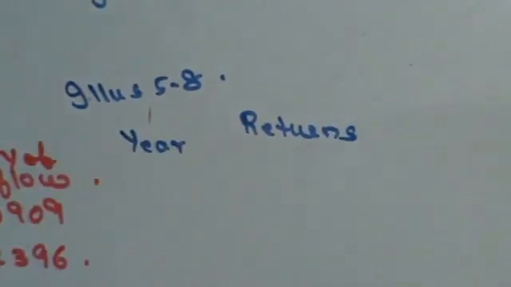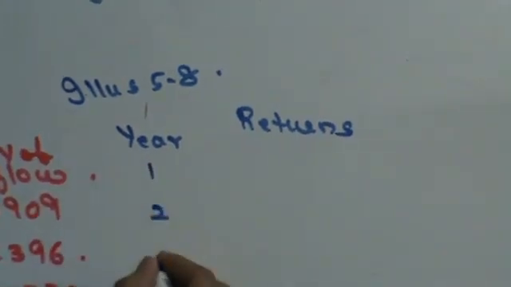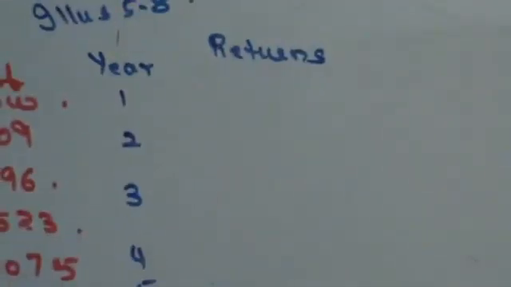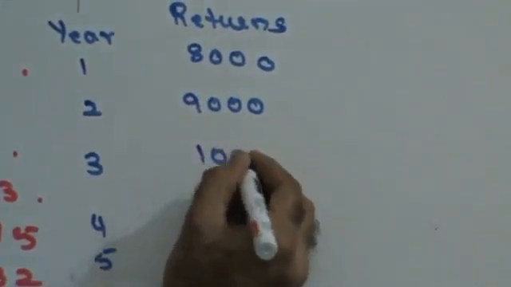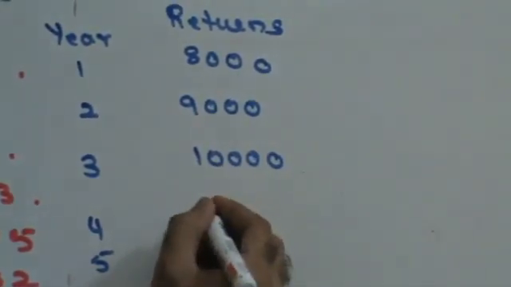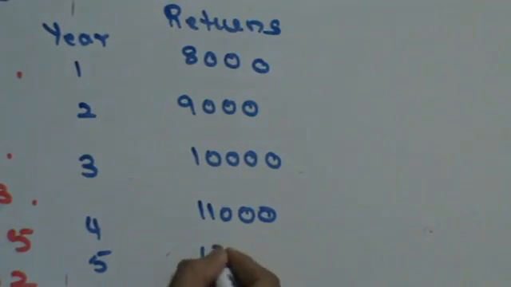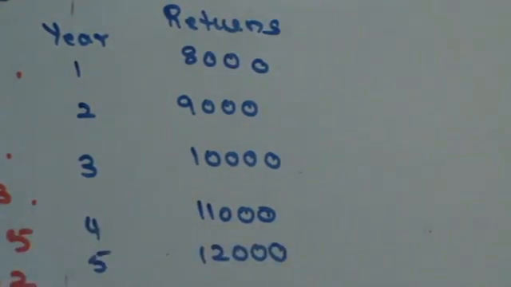The returns would be 8,000, 9,000, 10,000, 11,000 and 12,000 in the next 5 years. The indicated rate of interest is 10%. Compute the present value of the investment and advise regarding the investment.